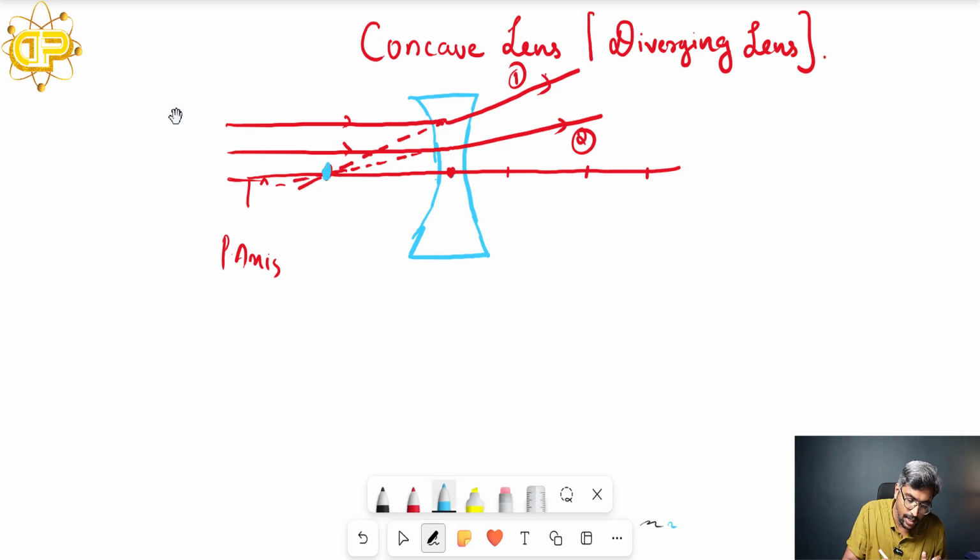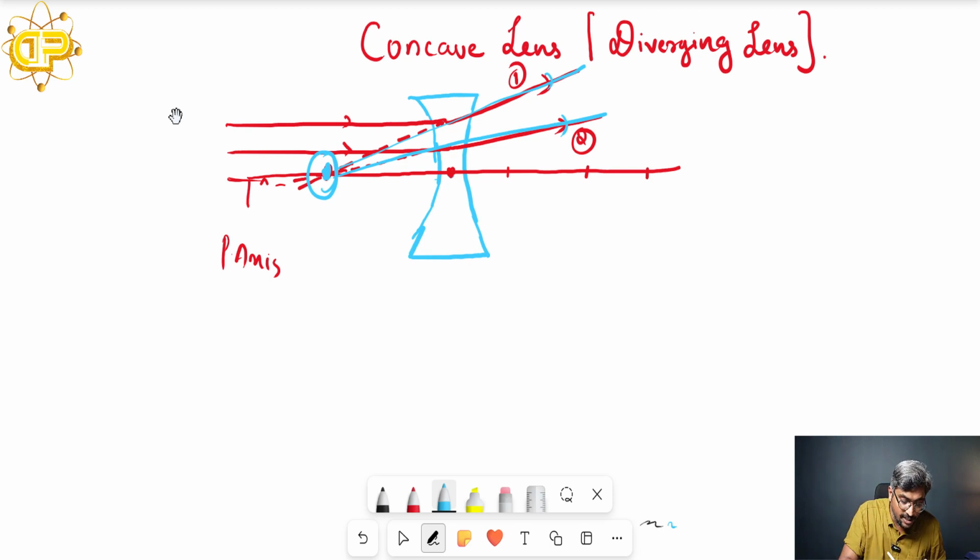So both the light rays, after extrapolating backward, meet at a point virtually. That means it seems that from this particular point, both the light rays are originating and passing.